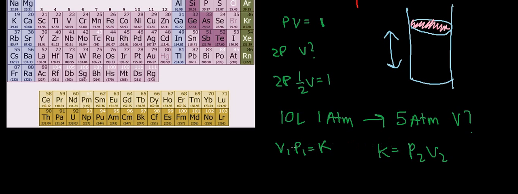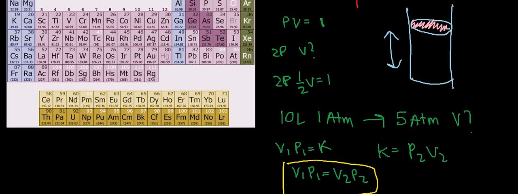So since both of these are going to be equal to the constant, I can write it like this. And in fact, this is another way to write Boyle's law.